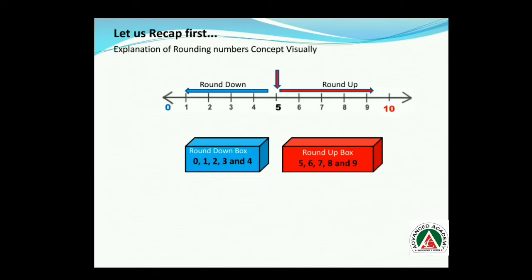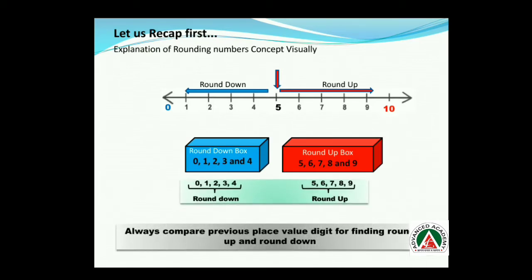Always keep one thing in your mind, it is very important: always compare the previous place value digit for finding round up and round down. That means if we want to round any number to the nearest 10, we just find out which number is in the ones place.